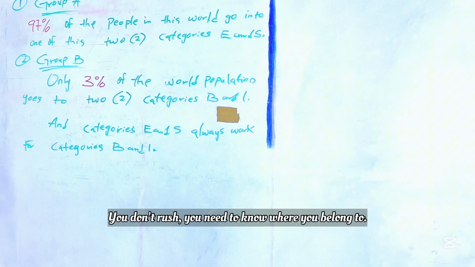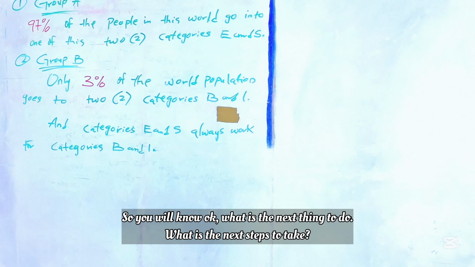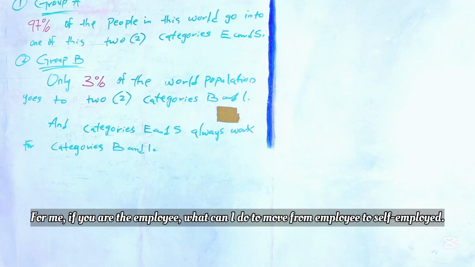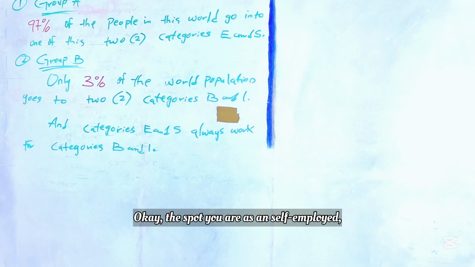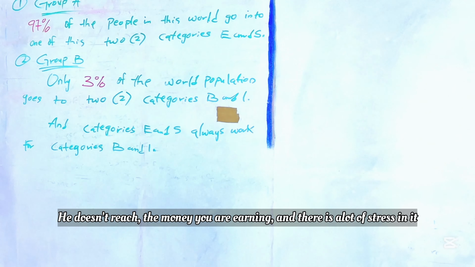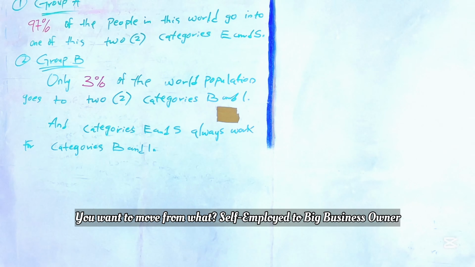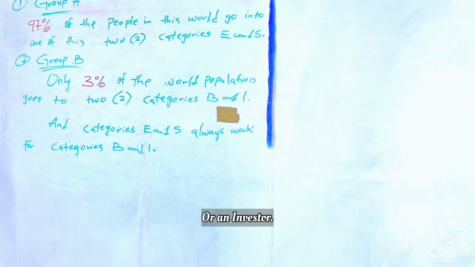You need to know where you belong so you will know what the next thing to do is. If you are an employee, what can you do to move from employee to self-employed? Or the spot you have as self-employed doesn't match the money you are earning, and there is a lot of stress in it. You want to move from self-employed to big business owner or investor.